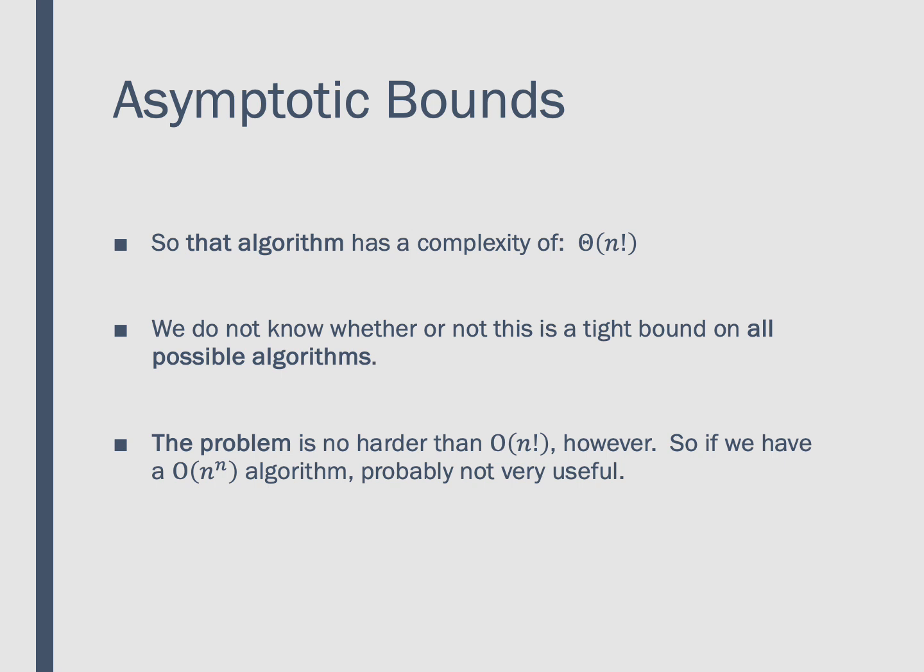For example, if someone were to find a polynomial time solution for the traveling salesperson problem, it would drastically alter the bounds we associate with this problem. That being said, the problem itself is no harder than O(n!), meaning n! represents the absolute worst case scenario for any algorithm solving it.